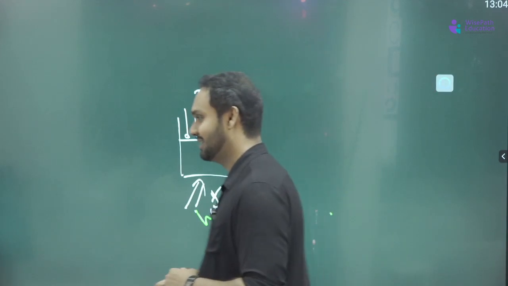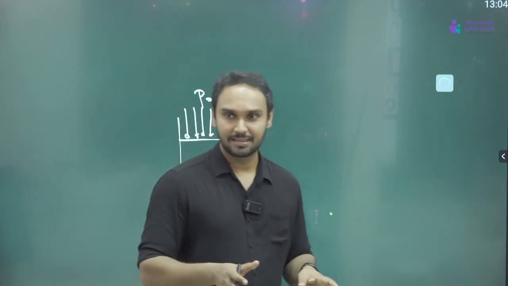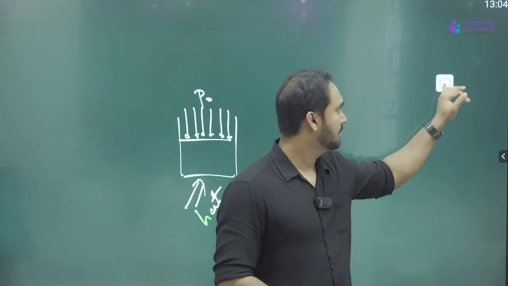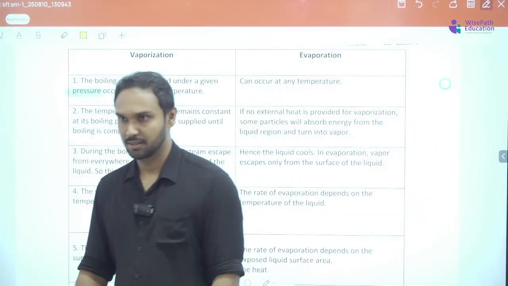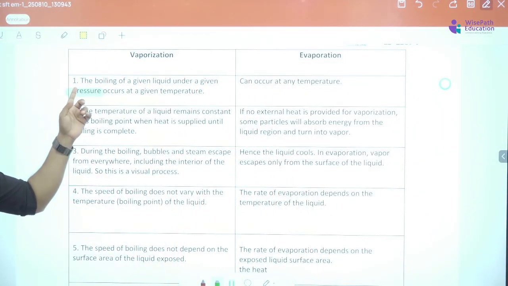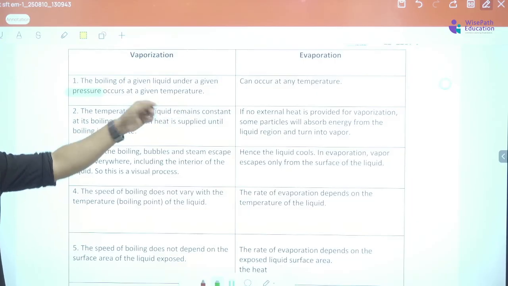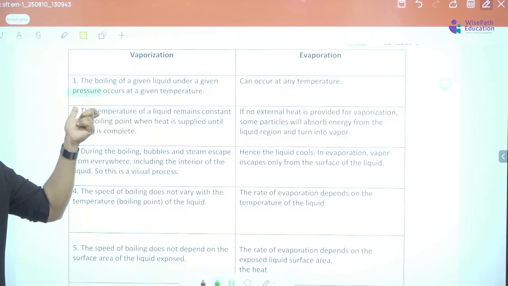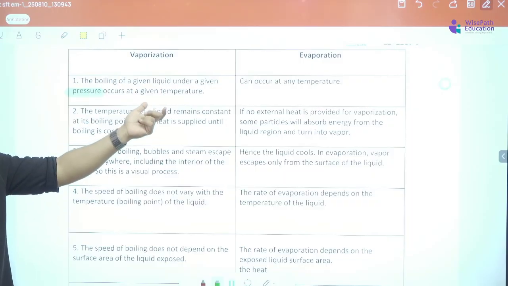Above that. Right? So anyway, you got the theory, right? Understood it? Nice. So the boiling point depends on the pressure. That's why it says the boiling of a given liquid under a given pressure occurs at a given temperature. It happens at a certain pressure and a certain temperature.